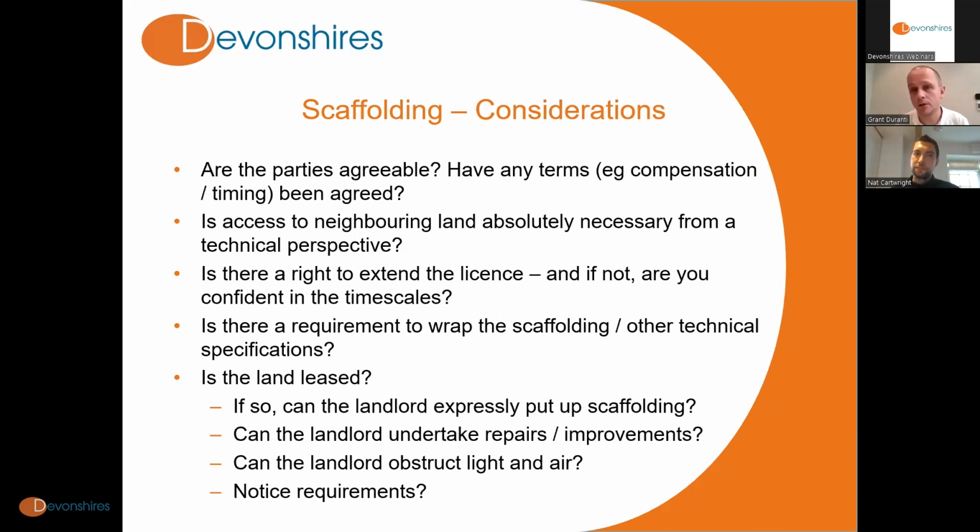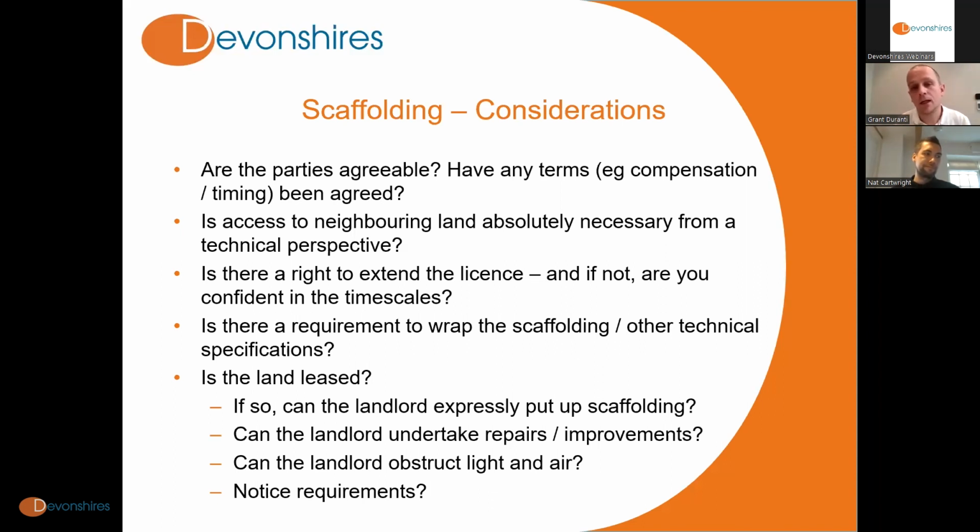Once the licence has been granted, it's a lot more difficult to agree an extension because you don't have a right. You're essentially doing a new deal, and if you run out of time, then you've actually got no right to be on that neighbouring land, and would be trespassing if you kept the scaffolding up. And I suppose your risk is you then end up taking scaffolding down when you've only actually done half the works, which is probably not going to be any good.